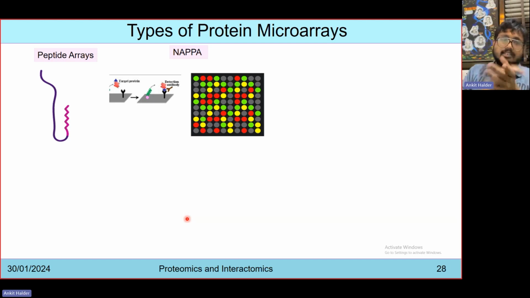So all till this thing, the challenge that remains is to have expressed your purified proteins, and then finally spotting it on your system, that is spotting on your glass slide. But this was becoming very challenging, so then the scientists came up with some innovations where cell-free expression of the proteins can be done.